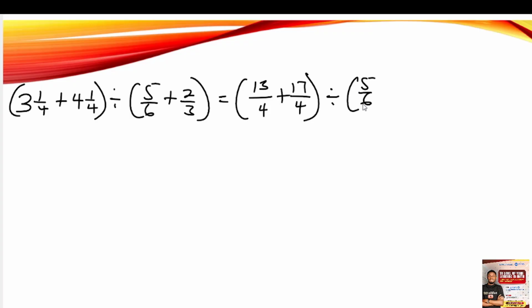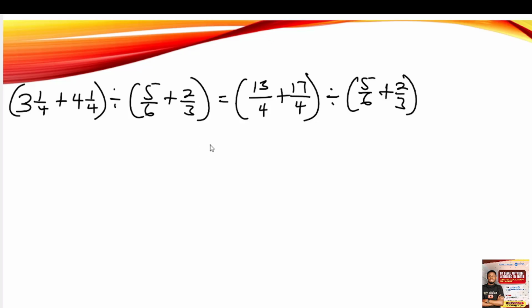When we change this to an improper fraction, we have 3 times 4, which is 12, plus 1 gives us 13, divided by the denominator of the fraction, which is 4, plus the second one, 4 times 4, which is 16, plus 1, that gives us 17 on 4, bracket closed, divided by 5 on 6 plus 2 on 3.